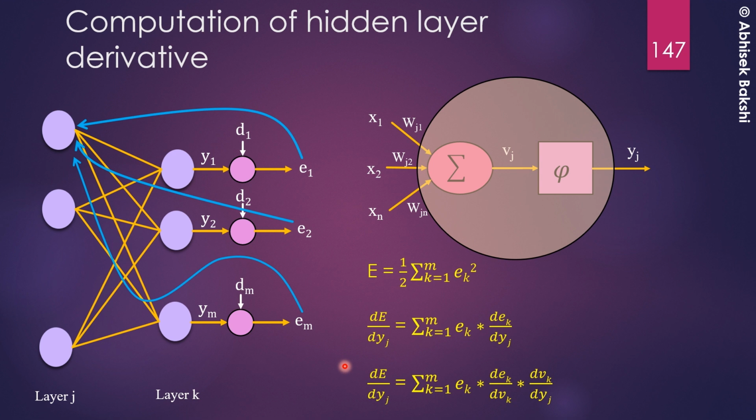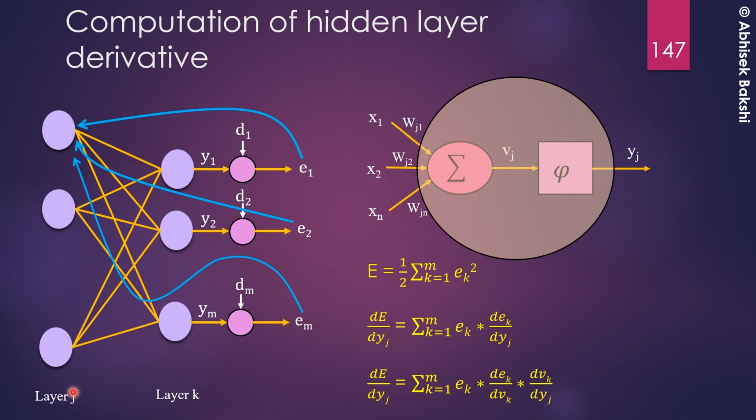So it's not that this particular neuron has no responsibility. It has, but not direct responsibility, and that's why it will be a little difficult to compute, but we will try to simplify that. How? Just try to understand.